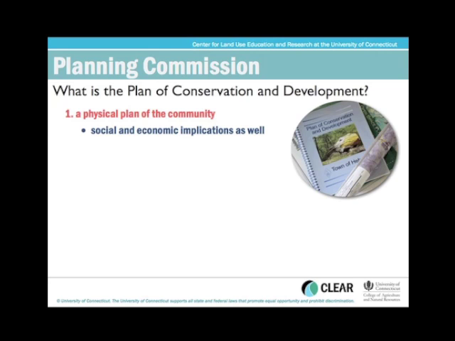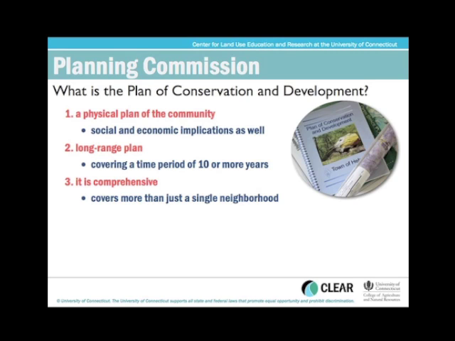There are social and economic implications as well, and they're usually addressed in this plan. It's a long-range plan, usually covering a period of 10 or more years, oftentimes up to 20 years in the future. It's comprehensive, so it covers more than just a single part of town.